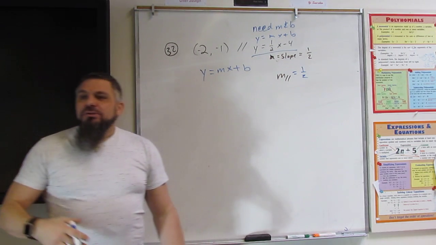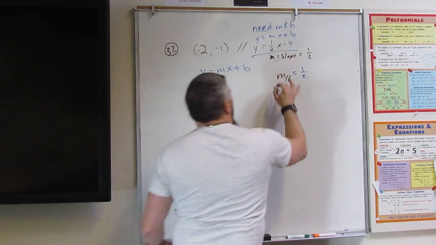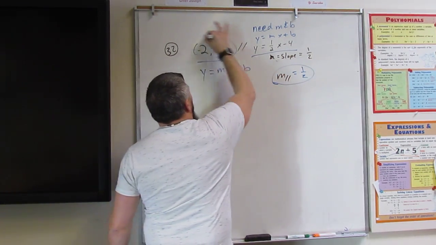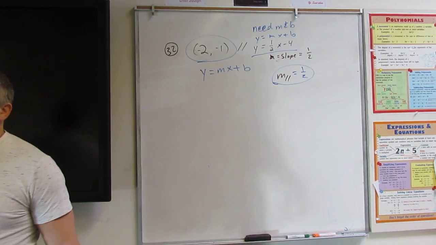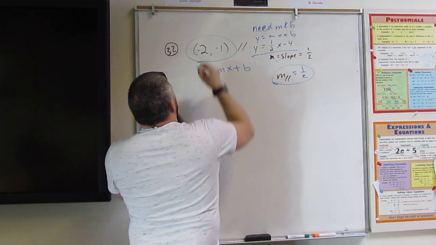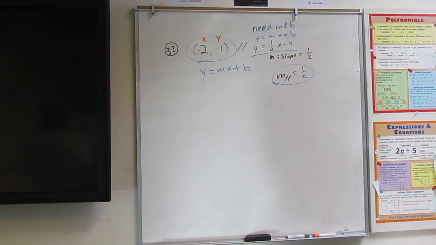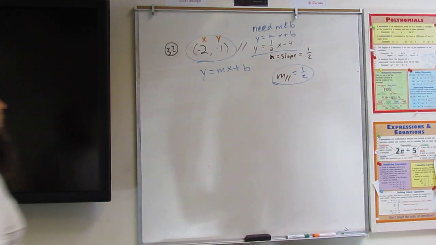So the new slope is 1/2. And we want to use this slope to go through this point, right? So this point is really x and y. Does that make sense? Now we're going to plug it in.